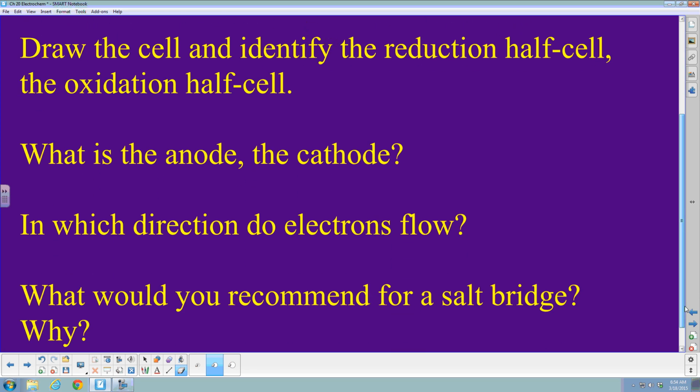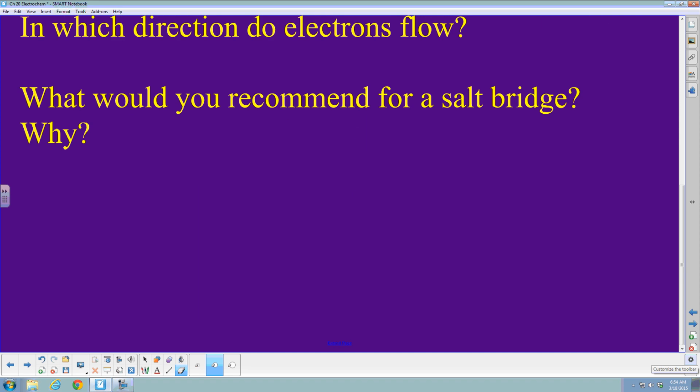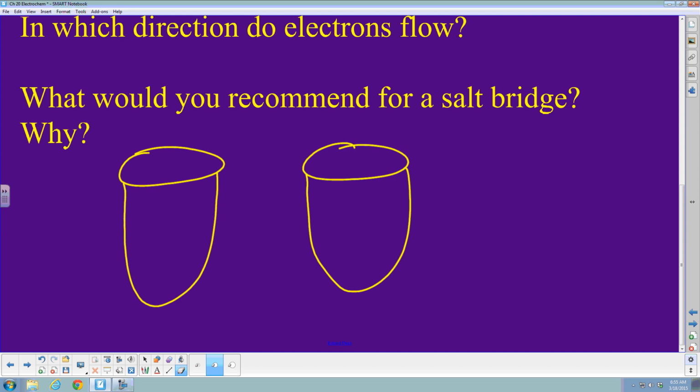Here we go. So I need more space. I have one of these guys, and I have one of these guys, right? And what did I say? I said my zinc is going to oxidize. So that means I have an oxidation half reaction. So this is my oxidation. We call this the oxidation half cell.